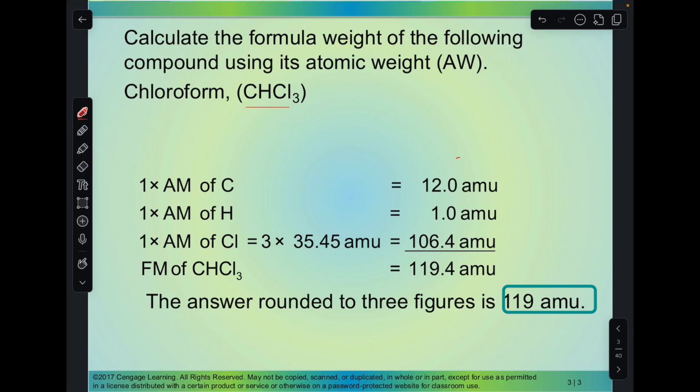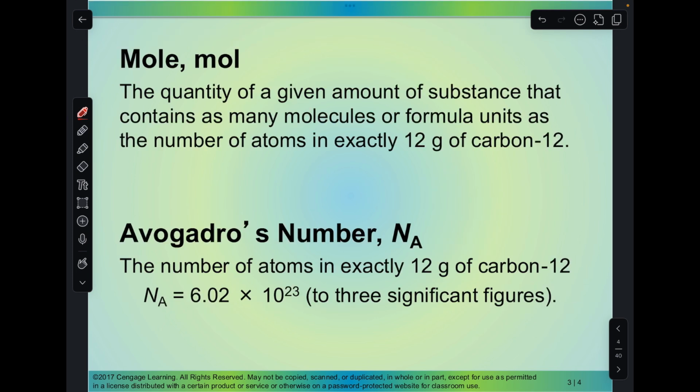The molar mass of carbon is added to the molar mass of hydrogen, which is added to 3 times the molar mass of chlorine. These are all added together, and you get 119.4 AMU. Keep in mind that AMU and grams per mole are just about the same thing. It's on the same scale, and so we can consider them to be the same.